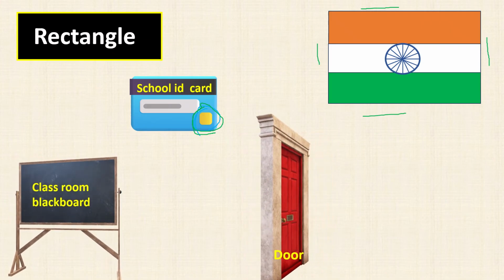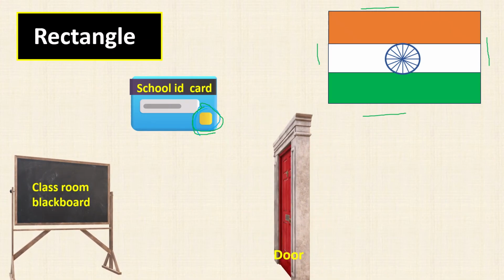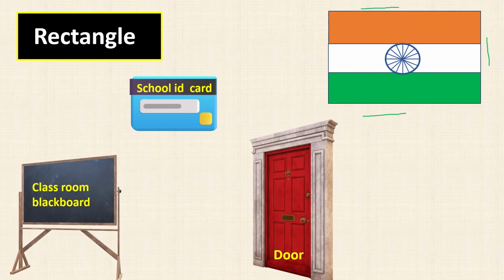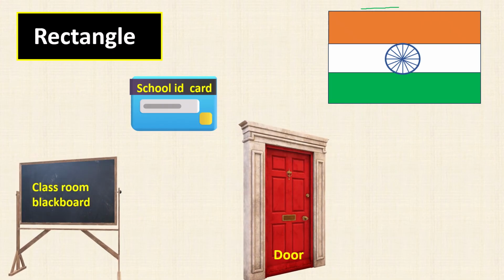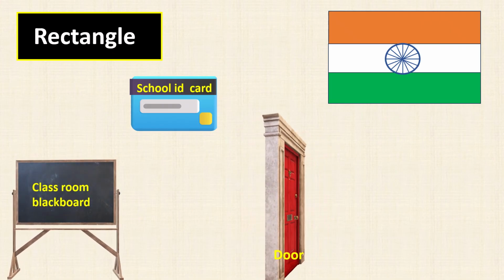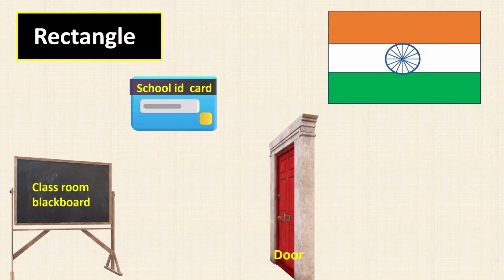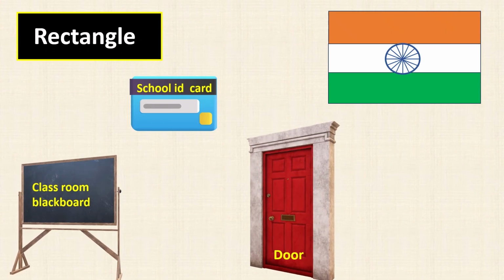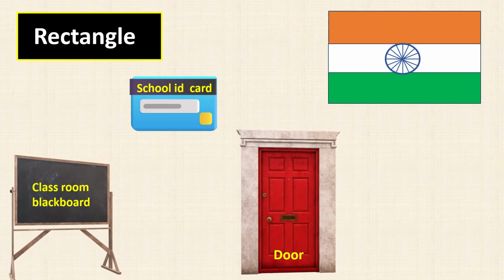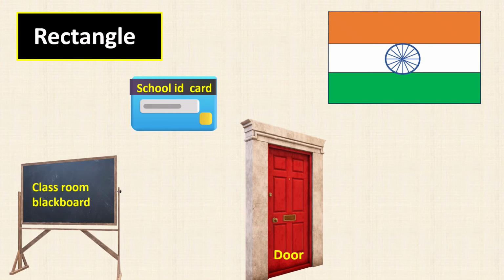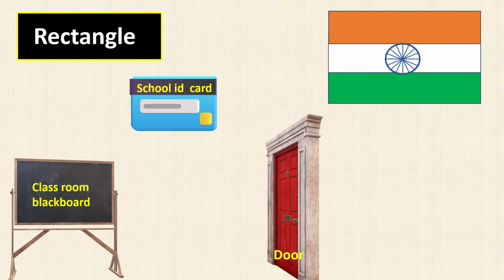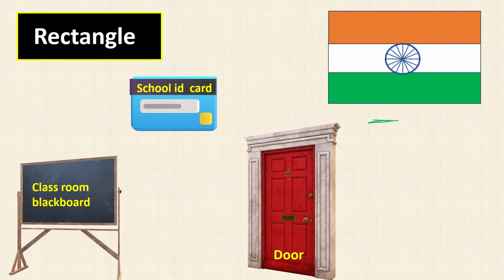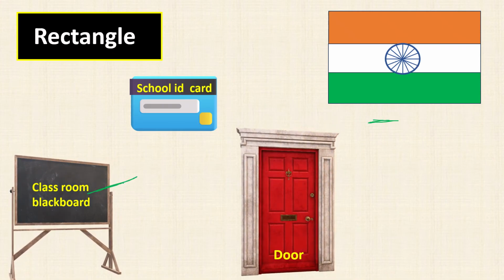And one more point we got from here: a shape can have different sizes. A small one, a long or big one, and a small one, and again a small one.